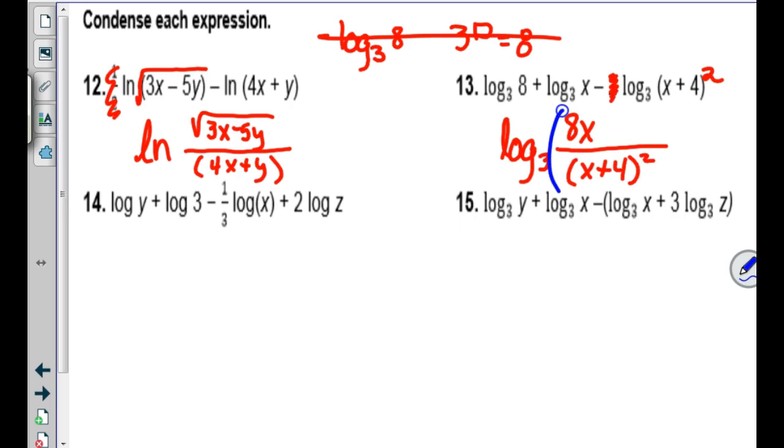And you could definitely put an extra parenthesis in there to show all that. So work on 14 and 15. See what you get.